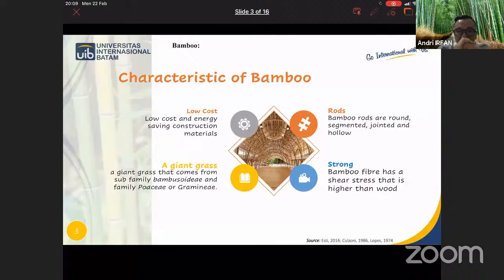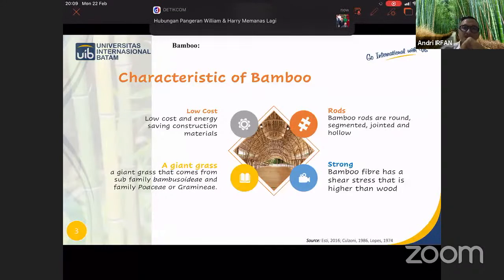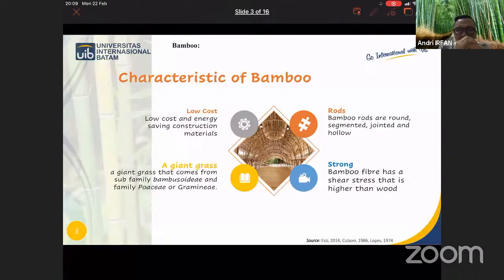In the era of industrialization, the choice of material has come to be determined mainly by price and the ease of production and processing. Bamboo is basically a giant grass of the family Bambusoideae, in the family Poaceae or Gramineae. The characteristics of bamboo rods are round, segmented, jointed, and hollow.